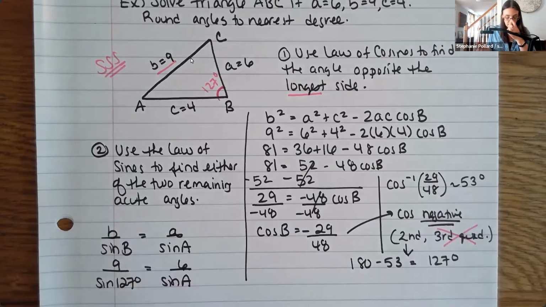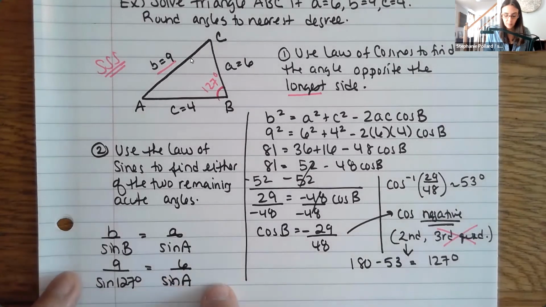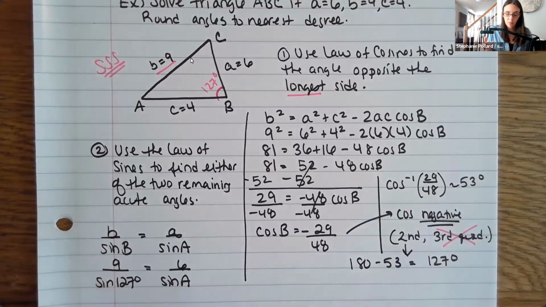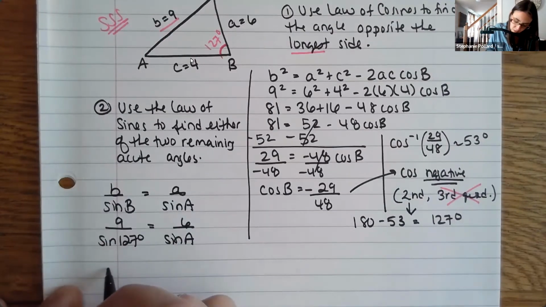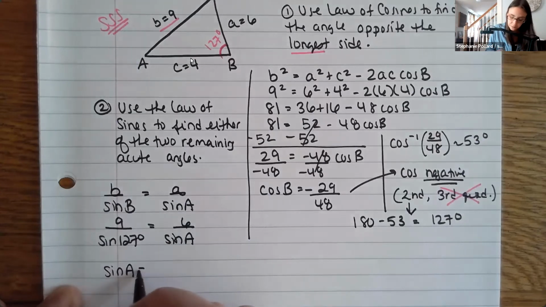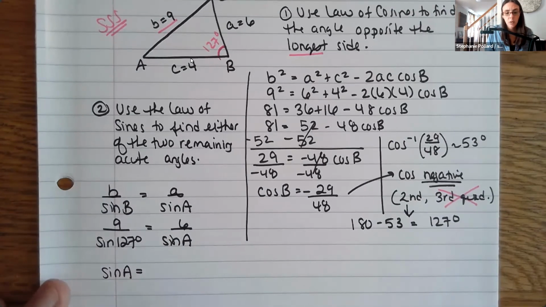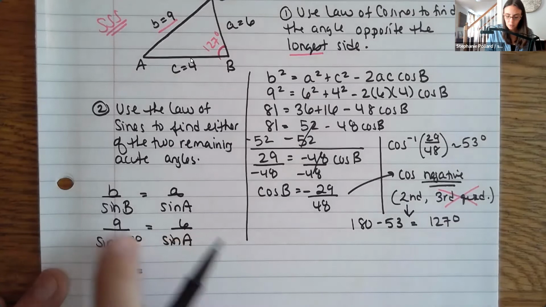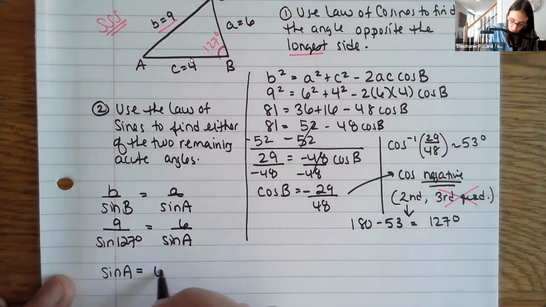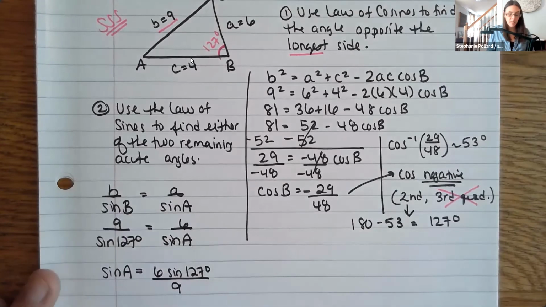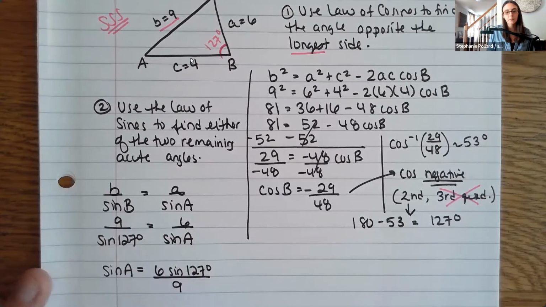Now remember, as we're solving here, we're going to multiply both sides by sine of A, and then multiply by the reciprocal to solve. I'll save us the work. We've seen this quite a few times in our last few videos. So we're just solving for sine A here. You can also cross multiply, that works too, as a starting step. And then you're going to end up with 6 times sine of 127 over 9.